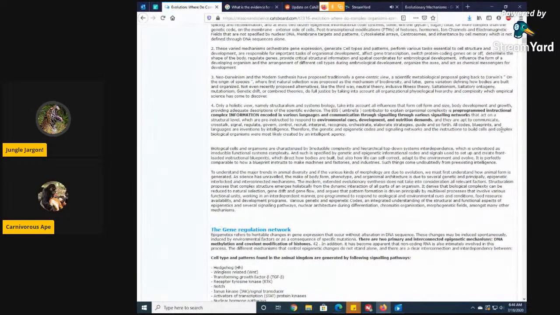All codes, blueprints, and languages are inventions by intelligence. Therefore, the genetic and epigenetic codes and signaling networks and instructions to build cells and complex biological organisms were most likely created by an intelligent agency.